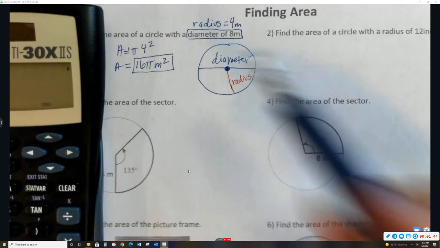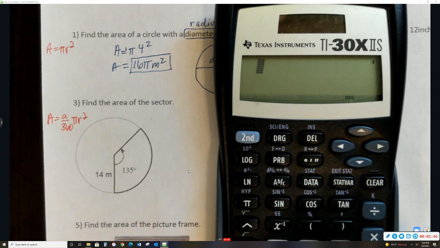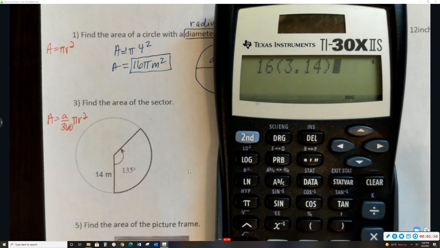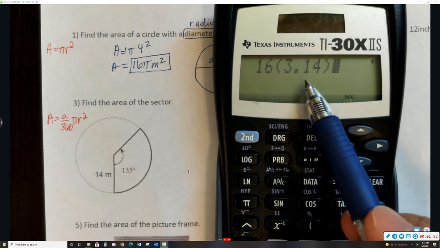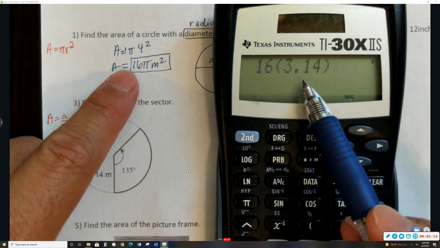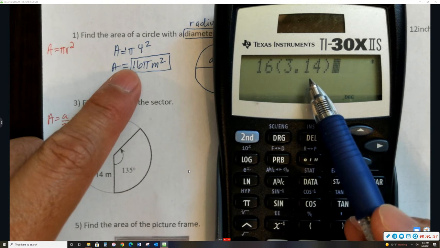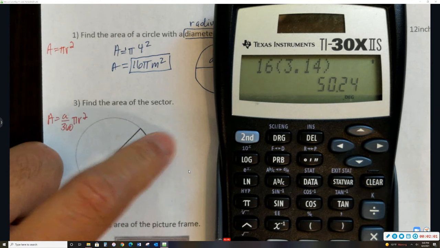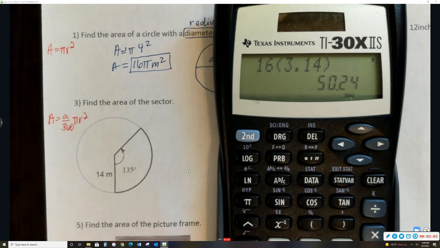Otherwise, to find like the decimal approximation, all we have to do is take 16 and multiply it by 3.14. Because remember, this is the value of pi here. Okay, and that's what we have right there. We have 16 times pi. If we multiply 16 times pi, which is 3.14, we get 50.2.